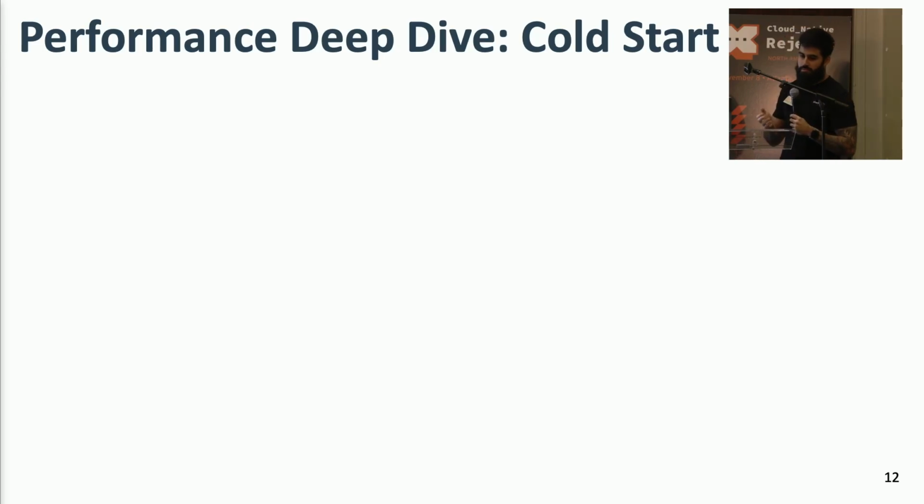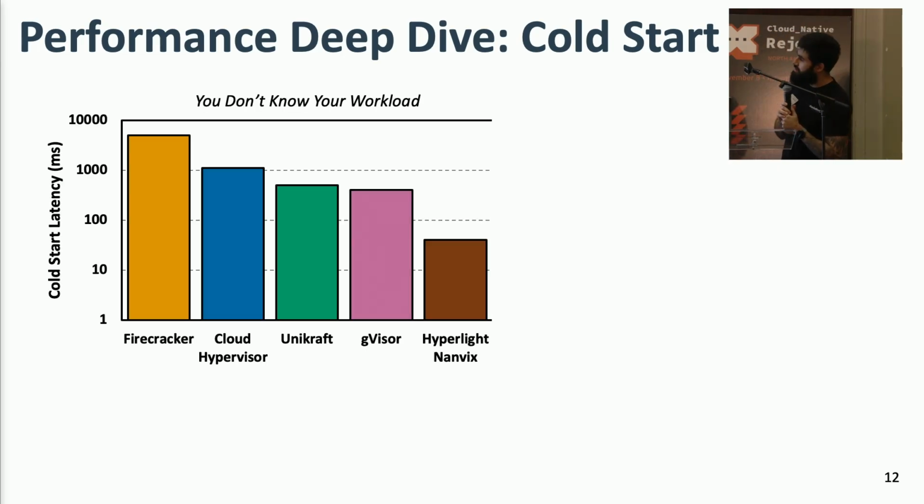Now we will check some performance benchmarks that we have for an HTTP server, an echo server application. Let's first understand what happens when you don't know your workload. You cannot leverage snapshotting at all, for instance, in Firecracker, because how would you snapshot something that you don't even receive through the network? Here we are comparing with a bunch of other solutions out there that are state of the practice.